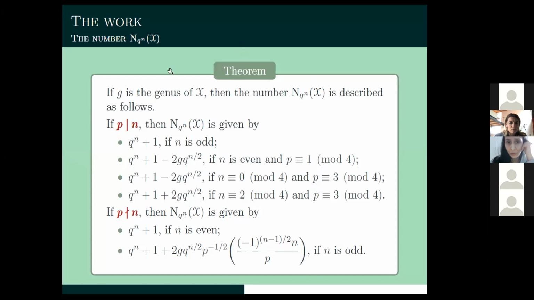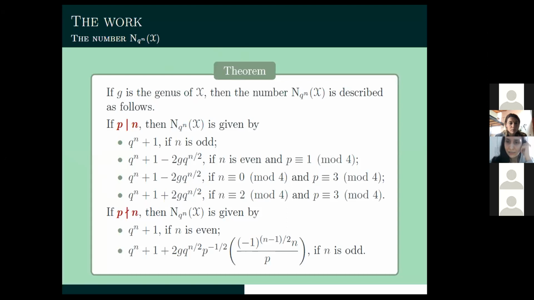If you look at this first part, we can check the cases in which this curve is maximal or minimal, and it depends on the characteristic.